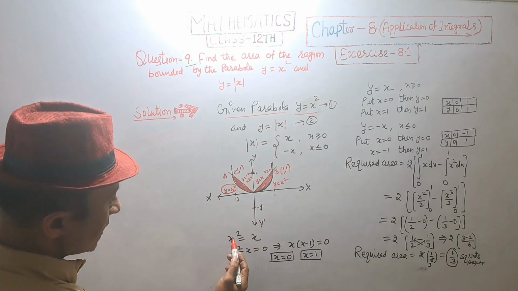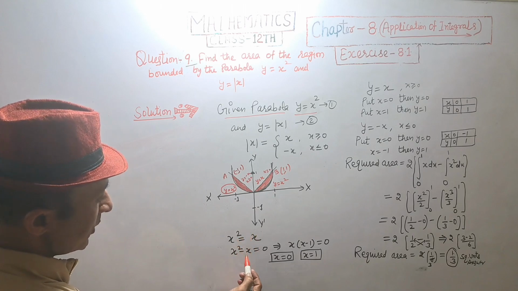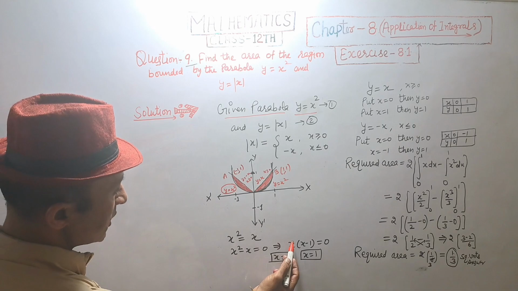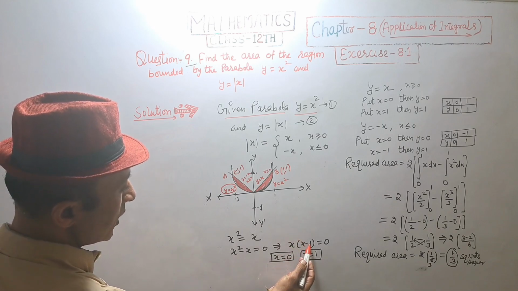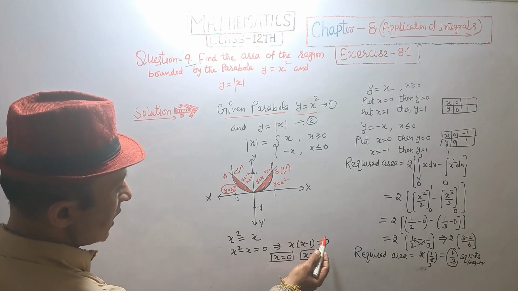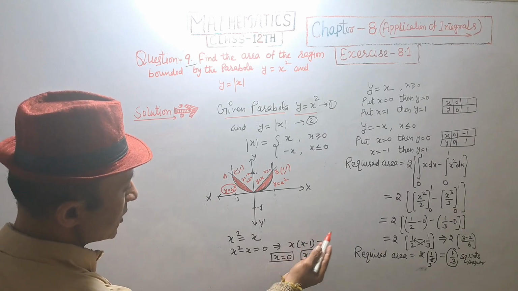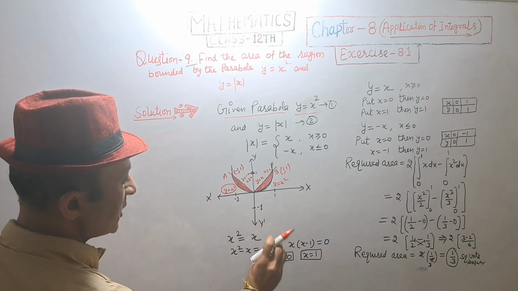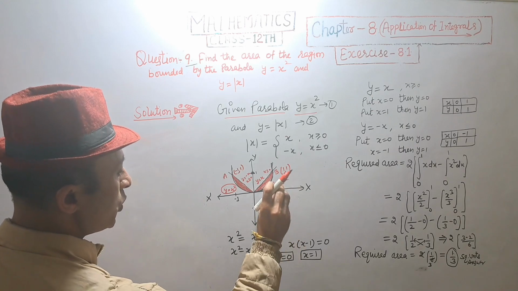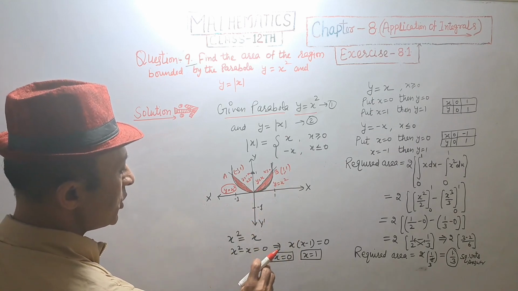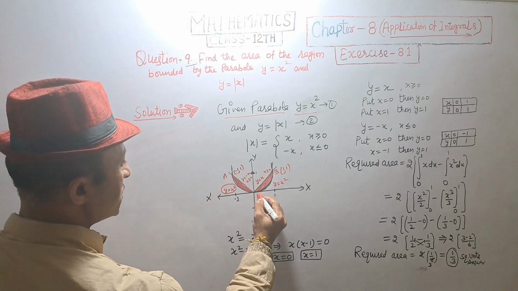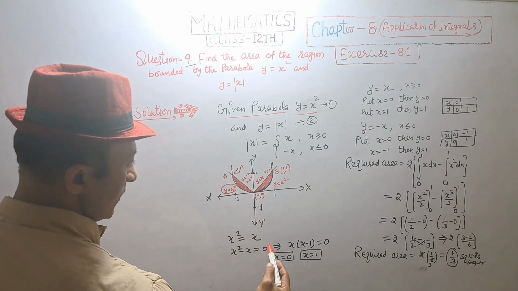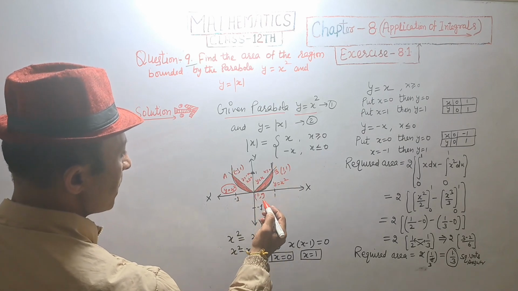First equal to second, x square is equal to x, and shifting left side, that will be negative, and taking x common, x into x minus 1 is equal to 0. x is directly equal to 0, and x minus 1 equal to 0 means x equal to positive 1. And we are finding the limit, that is 0 to 1. Lower limit is 0, upper limit is 1. It's the 0, 0 point, and we draw a parabola.